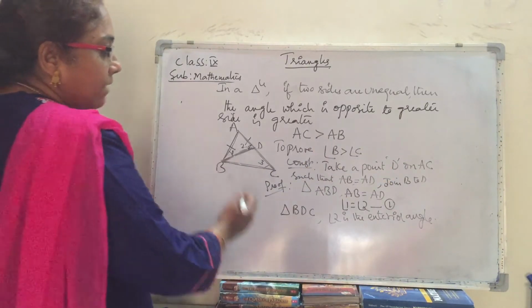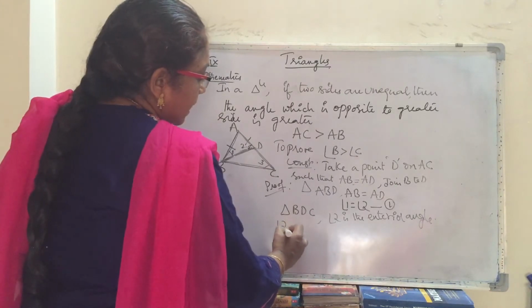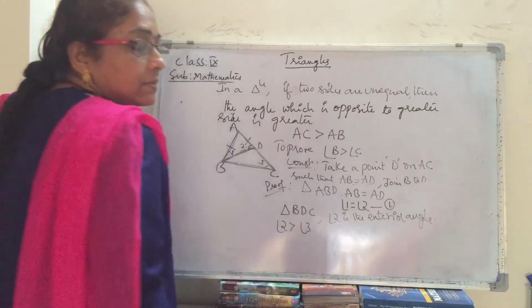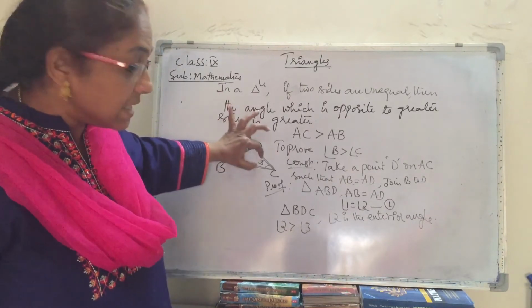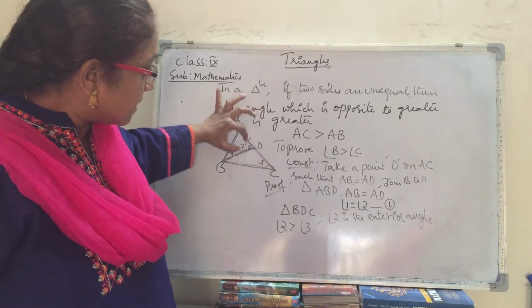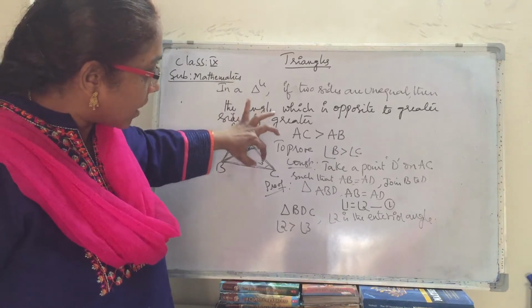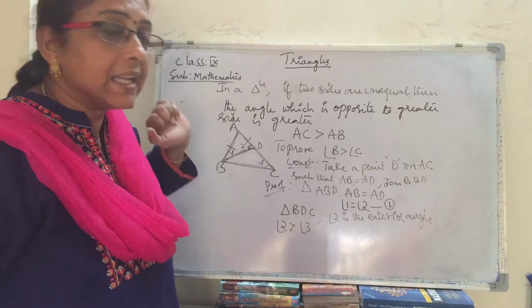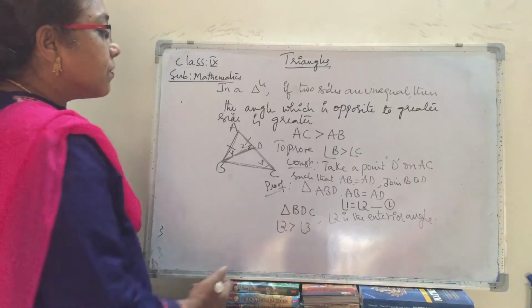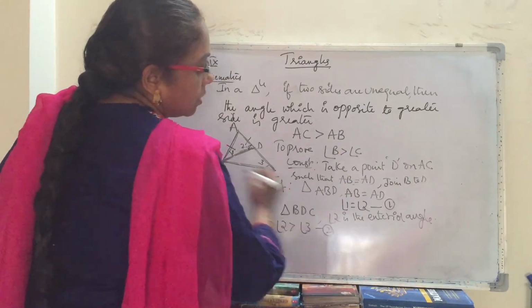So can we write this angle 2 is greater than angle 3, by using that property? See, this is the exterior angle, this is the interior opposite angle. So this exterior angle is greater than each one of the interior opposite angles. So angle 2 is greater than angle 3. And this one you put as 2.